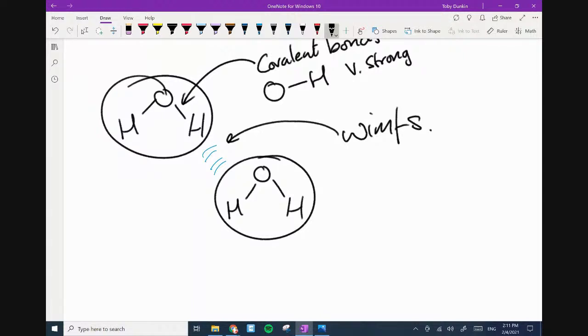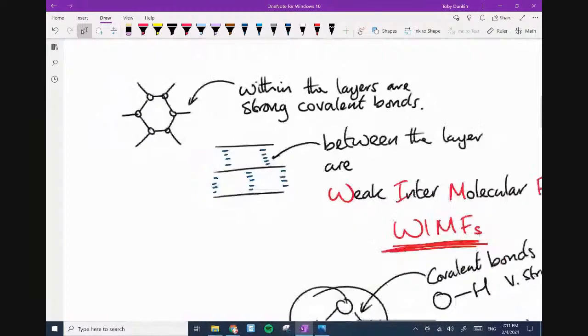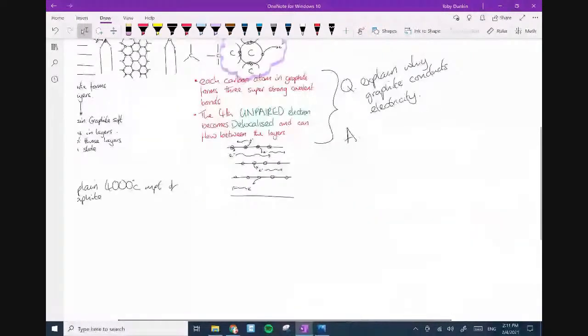So when you turn liquid water into steam, when you boil water, you're not breaking the covalent bonds. They're way too strong. What you're breaking are the weak intermolecular forces, which is why it then becomes a gas, and why the boiling point is so low. We'll be talking about those next lesson. And graphite has them between the layers, which is why they can also slide. The weak intermolecular forces allow them to slide.